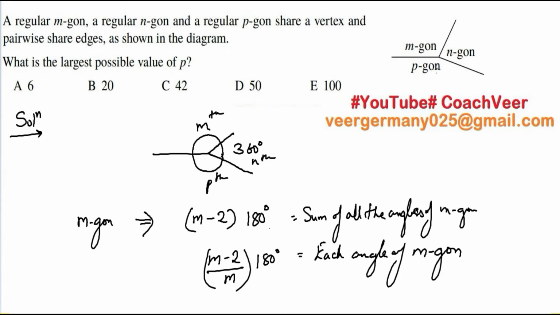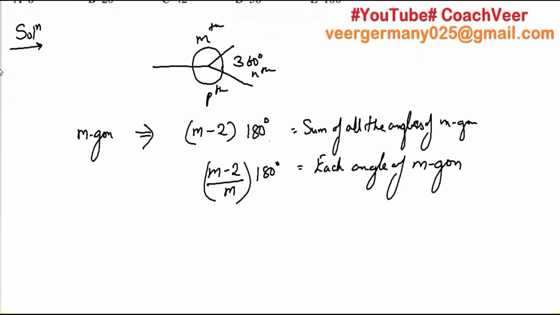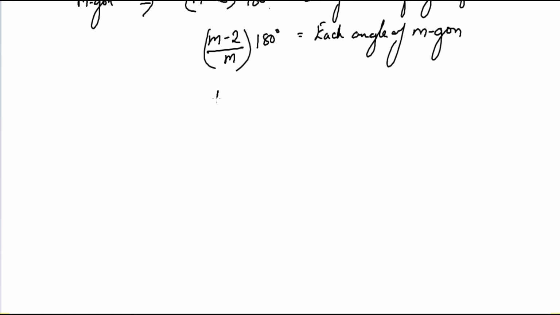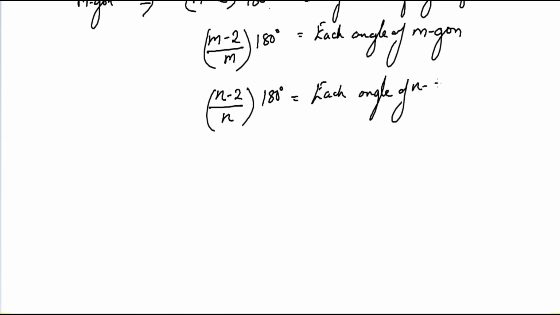The same goes for n and p also, right? So for n, I can write (n minus 2) by n times 180 degrees is equal to each angle of the n-gon.